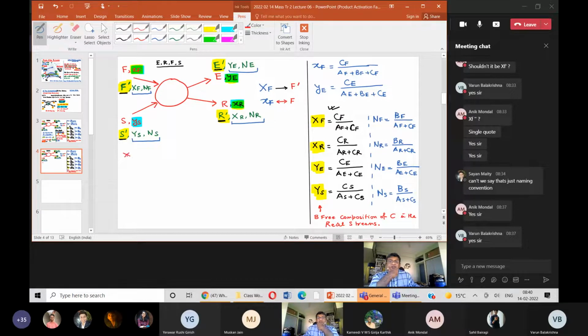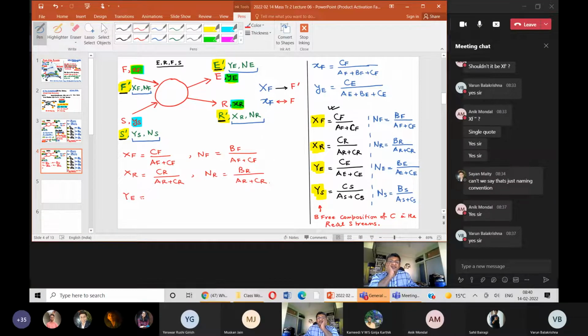For the feed, we have XF is equal to C in F divided by A in F plus C in F. And we have an NF, which is equal to B in F divided by A in F plus C in F. Similarly, for raffinate, we have C in R divided by A in R plus C in R, and NR, which is B in R divided by A in R plus C in R.